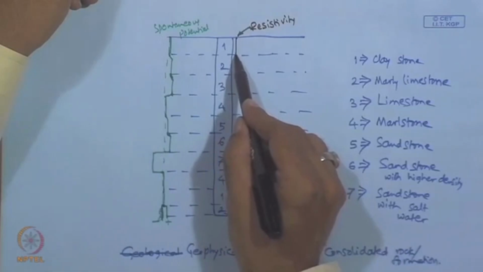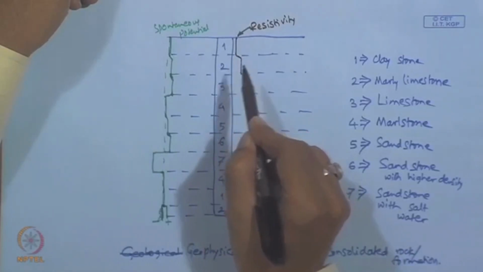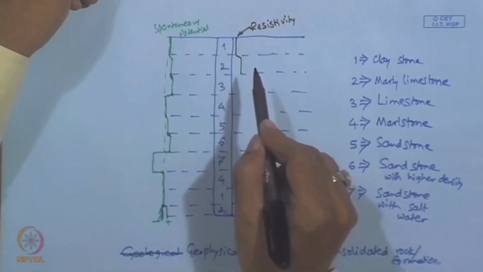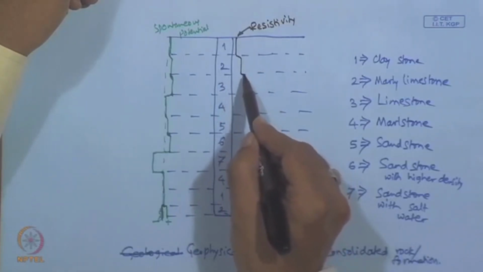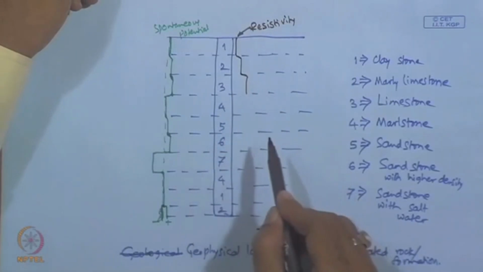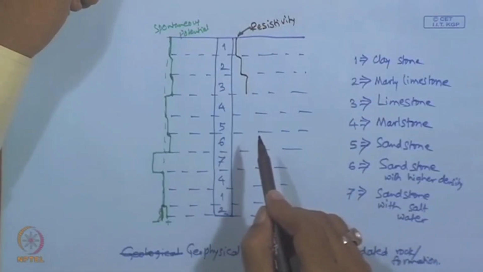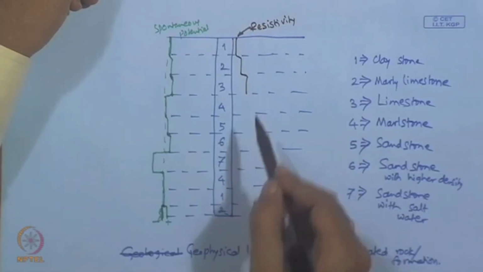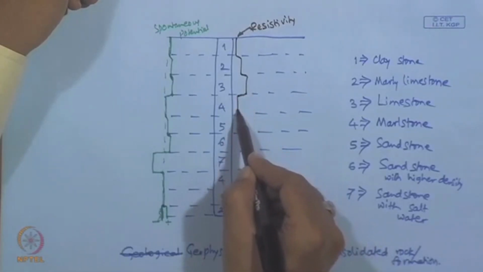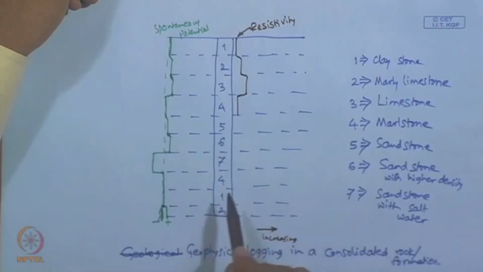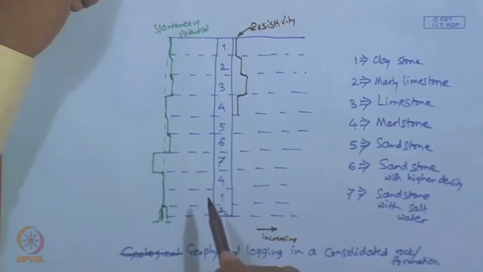Then for marly limestone it is higher. Then limestone is even higher. Then the marlstone is less. Then the fifth one is sandstone.